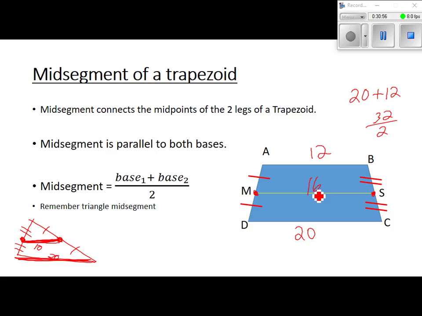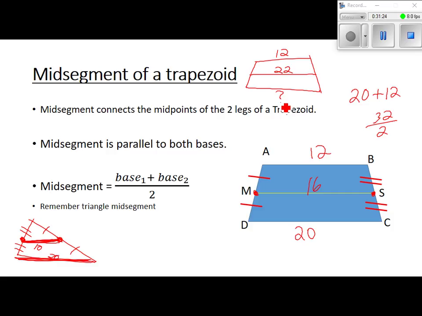Now the bad thing, what if I had another trapezoid? Again, don't think just because I draw something that looks like an isosceles trapezoid, it's always got to be that. What if I had this trapezoid, and I told you this base up here was 12, and the mid-segment was 22?